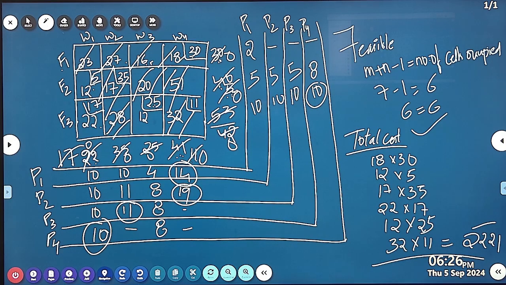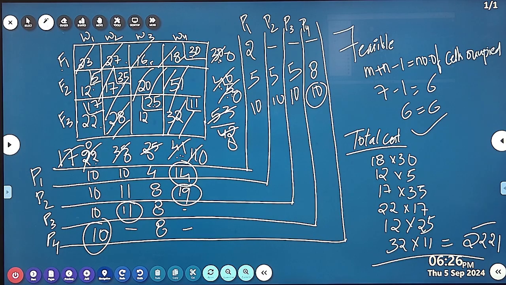But the warehouse, this is the fourth warehouse, right? So this warehouse has only how many units? 41 units. So this factory one can get 30 units from the warehouse, yes, because it has more units than the factory one requires. So write down 30, make this 30 and cross that and make it 0.